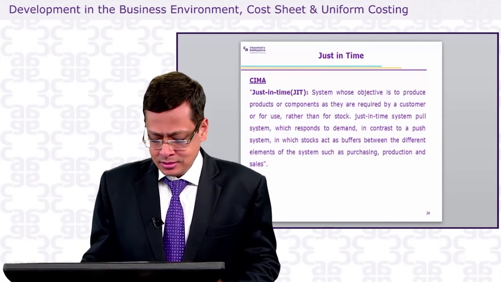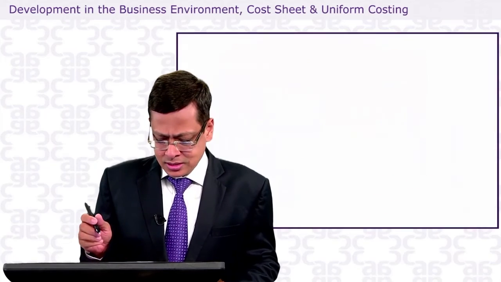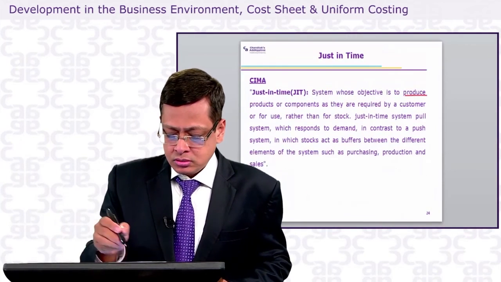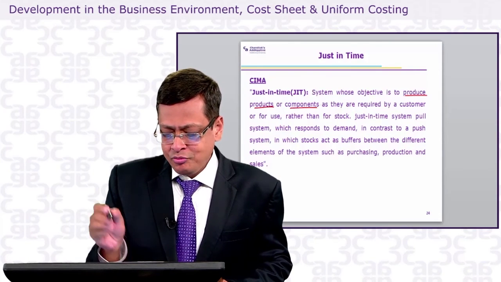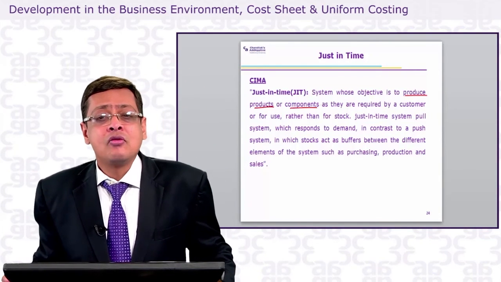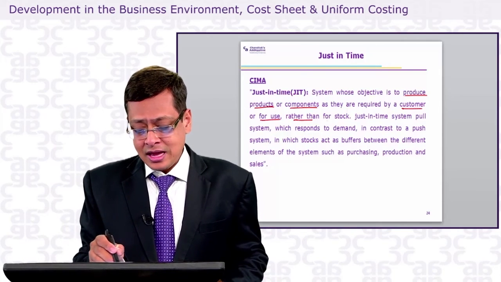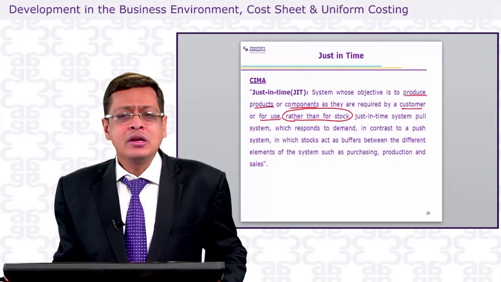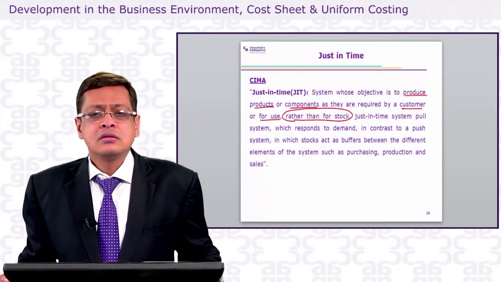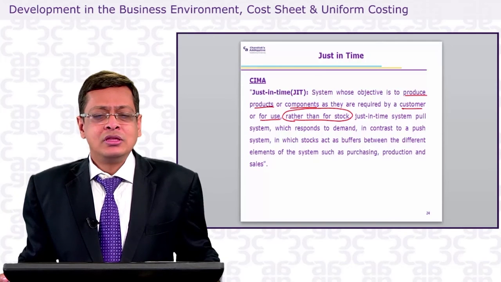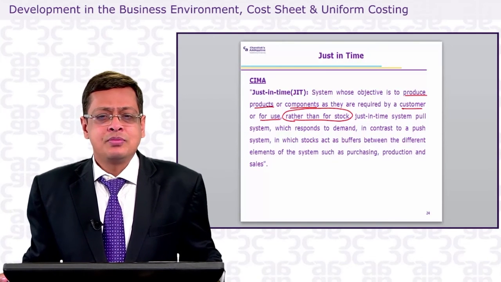So the slide says this is a system where the objective is to produce products or components as they are required by a customer for use rather than for stock. Very important point. This means you are not going to hold it within your internal storage place.